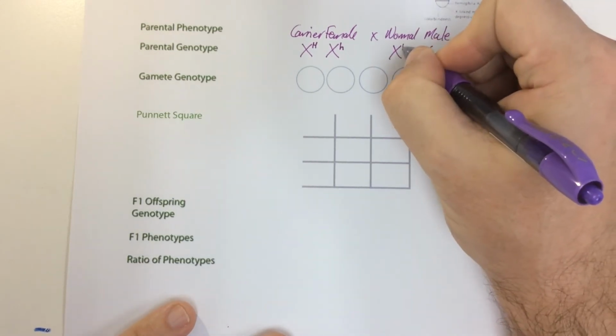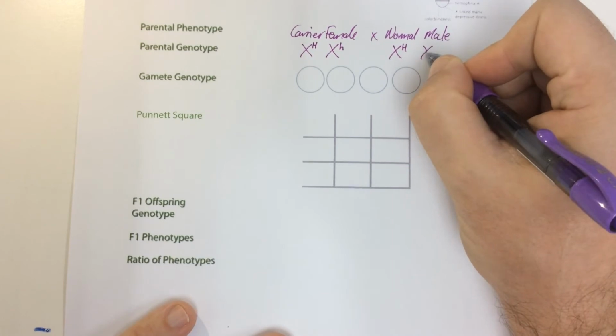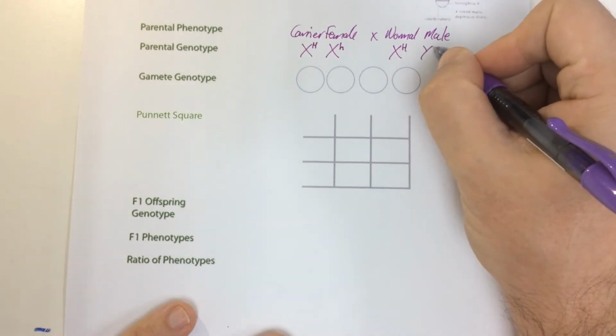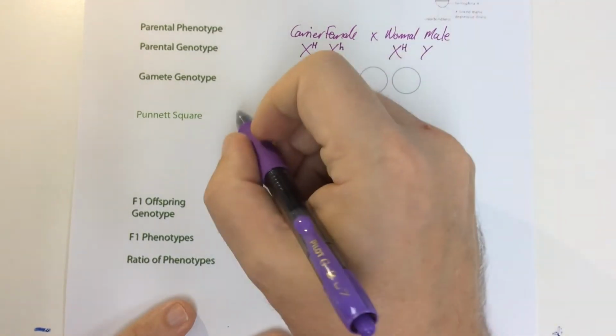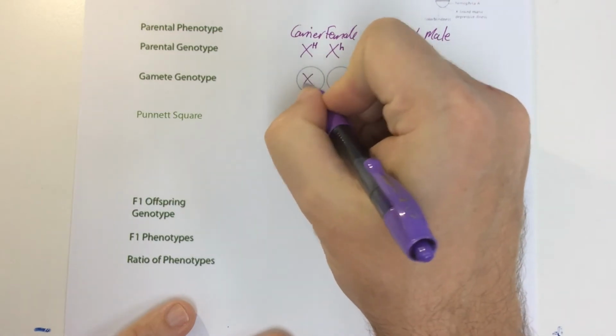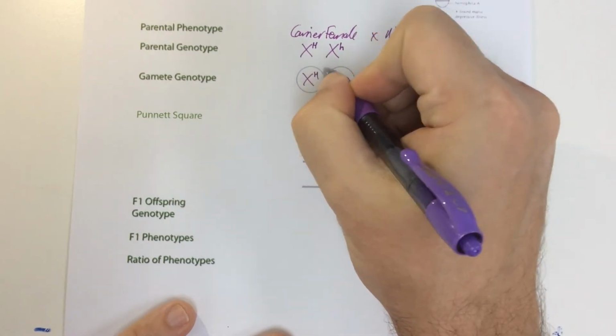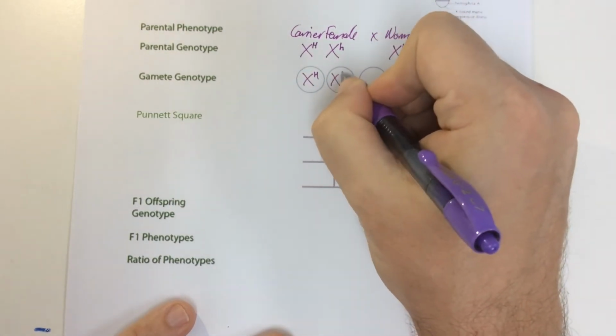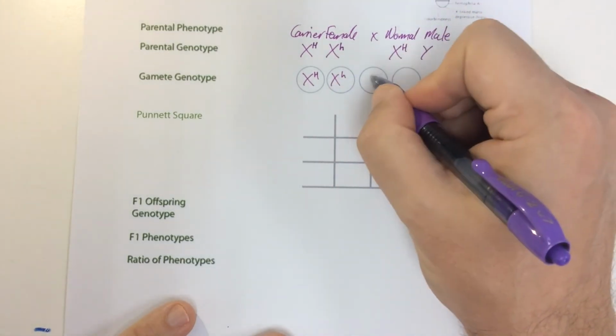The male is normal and his Y chromosome doesn't have that gene locus. So gamete genotypes, here we go, and there is the disease allele.